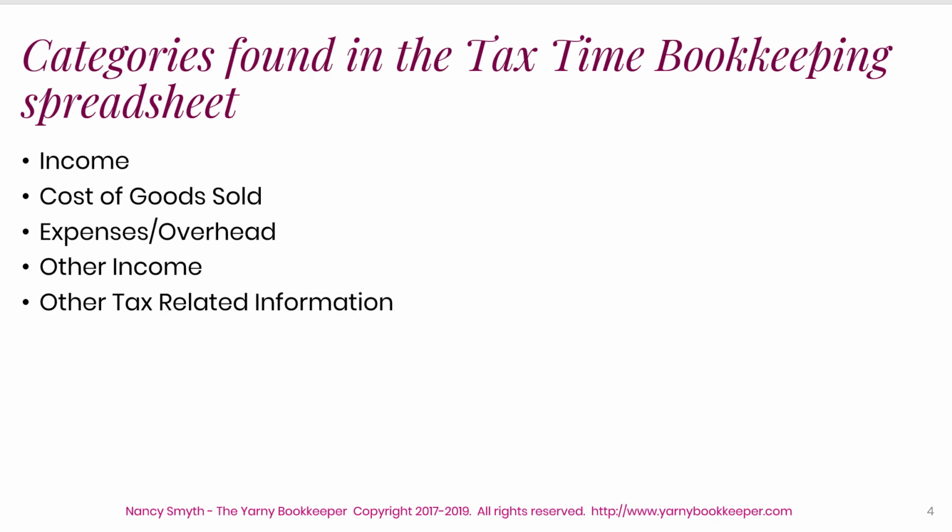Now, income, we want to be really specific. This is the sales or revenue from your primary income streams. So if you're a maker, it's going to be perhaps Ravelry, maybe Etsy, maybe Craftsy, maybe your own website, perhaps even craft fairs.